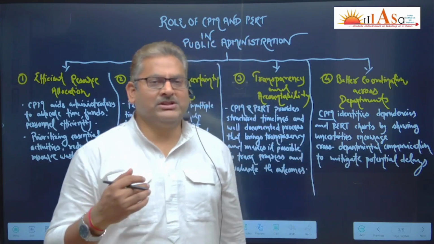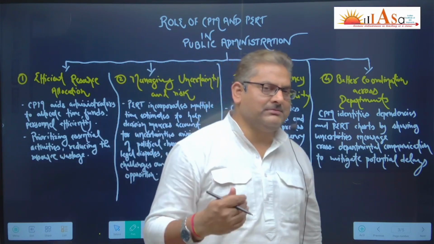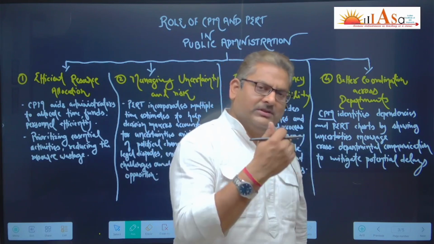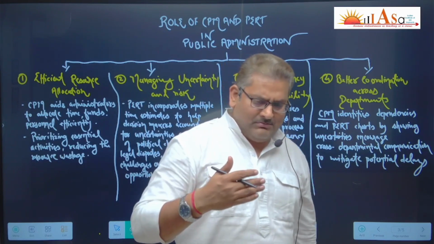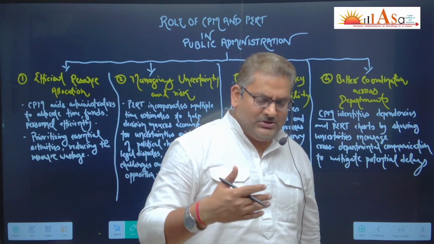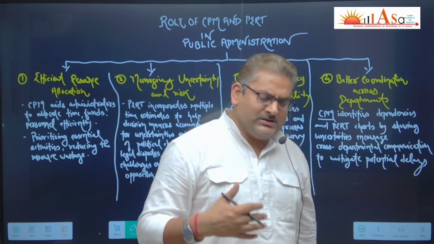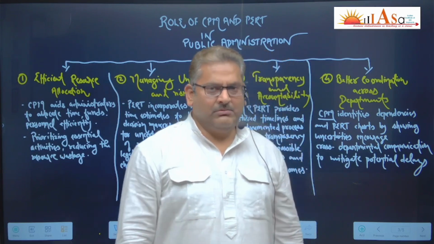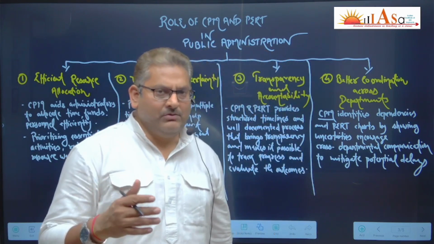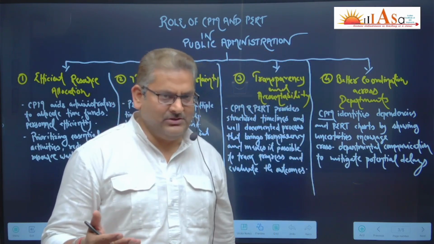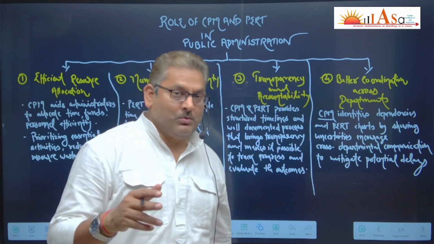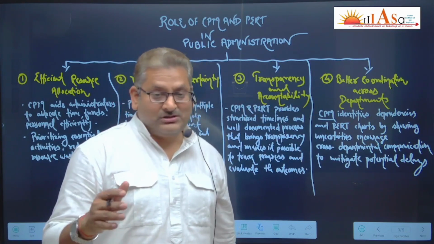So with the application of CPM and PERT, the moment you start using these instruments, there will be coordination, because it invariably involves review, assessment, and application of correctives. Then you identify who is doing what, which institution, which NGO.